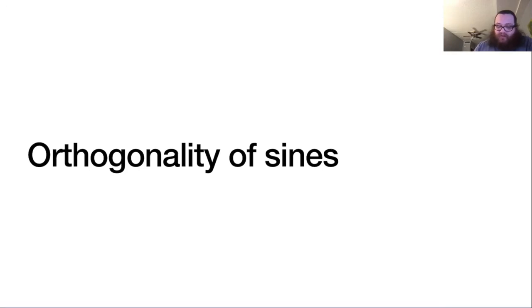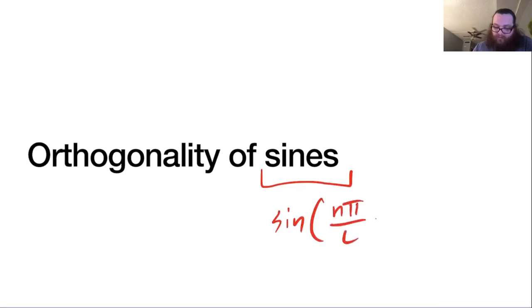In particular, we're going to be looking at orthogonality of sine functions, because our basis vectors are going to be functions of this form. So the sines that we care about are of the form sin(n pi x over L), for n. I mean, you can include n equal to 0, but it's just going to give you the 0 vector.